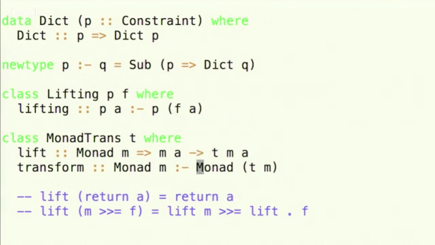That looks suspiciously like transform. Let's swap in Monad for P and M for A and T for F. I should have chosen my letters better. And if we do that, then transform is just a special case of this. So we're looking for a Lifting Monad instance for my particular monad transformer. That's the piece that is missing from MonadTrans.